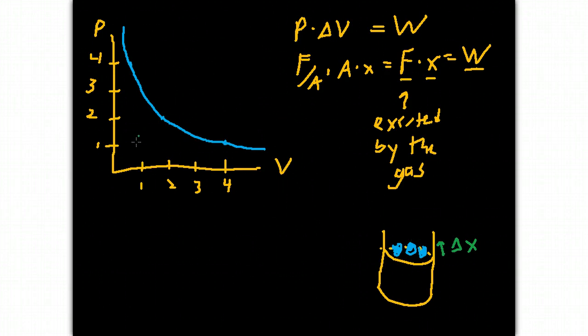And so if you look at your chart, increasing volume is this way. So increasing V. I know that my writing is illegible. This is also expansion. So we're expanding the gas if we're going this way. This way would be compression.